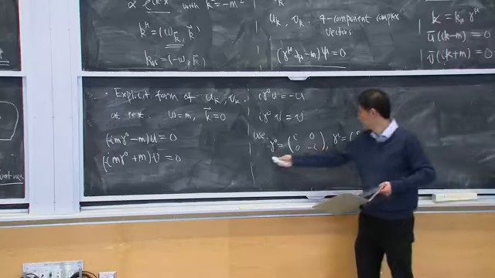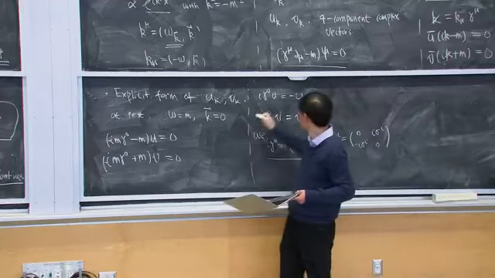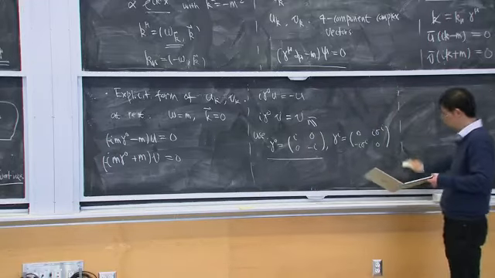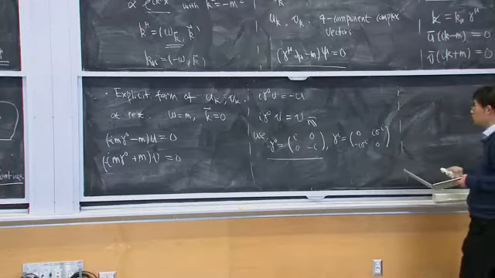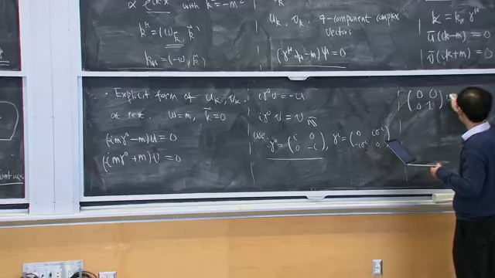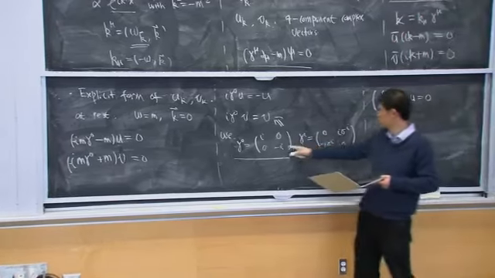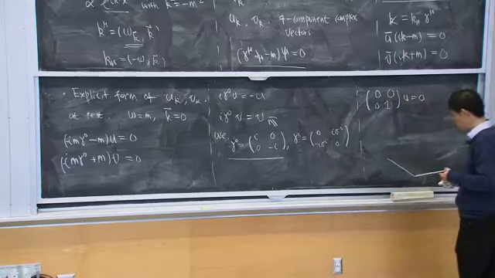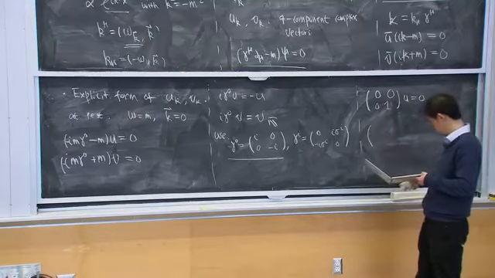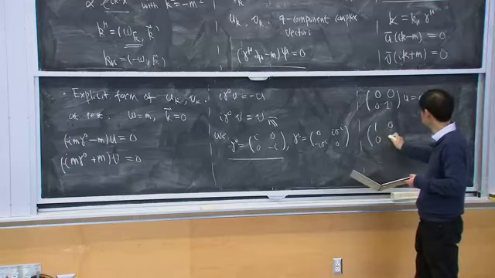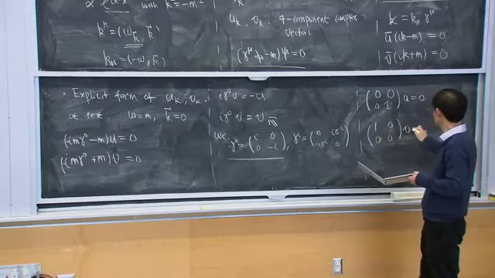If you plug this gamma^0 into those equations, you find the equations for u and v become very simple. For u, it becomes (0, 0; 0, 1) u equal to 0. Again, these are 2x2 blocks. And for v, it becomes (1, 0; 0, 0) v equal to 0.